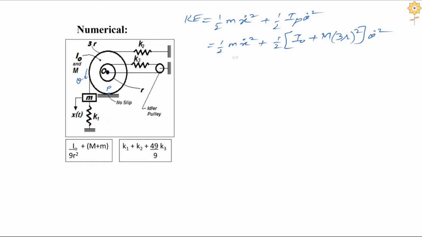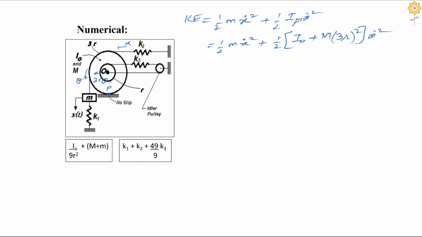So what is the relation now between x and theta? The movement of mass m is x, and over here for the axis O, the movement in terms of theta about point P should be 3r, that is radius times theta, the arc distance.